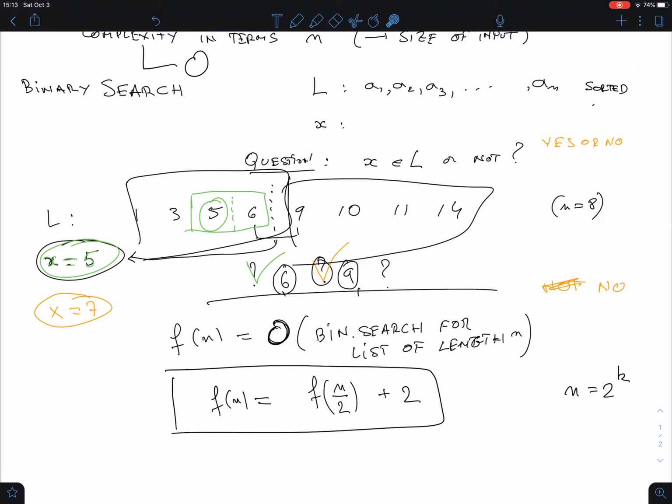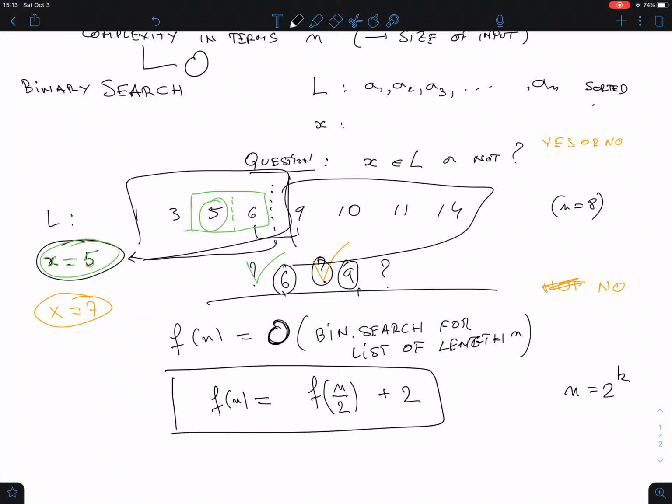Of course, these are small problems. When I say long, I really mean that instead of n equals 8, you should think n is 8 million, right? This is the kind of order of magnitude that we really want to talk about, databases of that size. Okay, so we have divided the problem into 2 problems of size n/2, and only one of those problems, the one that we know our x is going to be in after we do the comparison, is either a green one, an orange one, or a blue one.